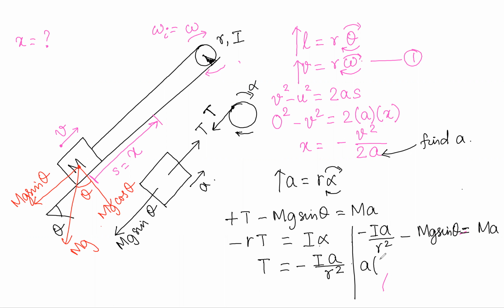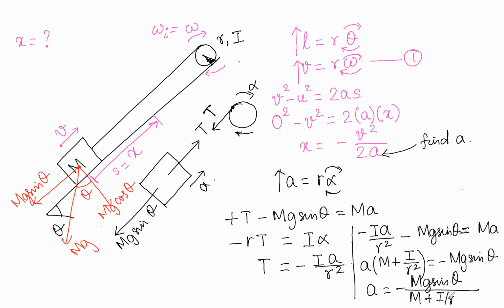You will get A into m plus I divided by R square is equal to minus mg sine theta, which basically means that the value of A is equal to mg sine theta divided by m plus I by R square, but with a minus sign. So A is equal to minus mg sine theta divided by m plus I by R square.